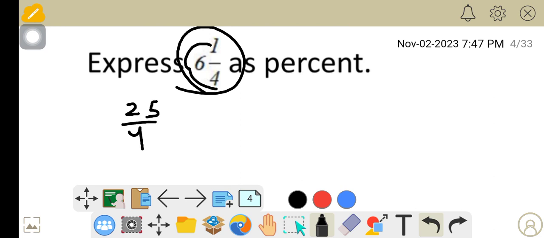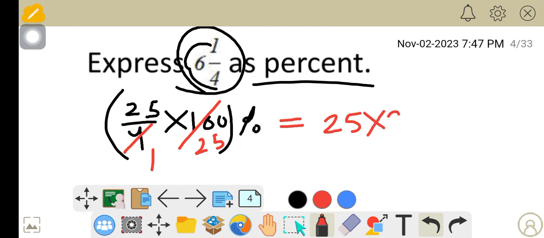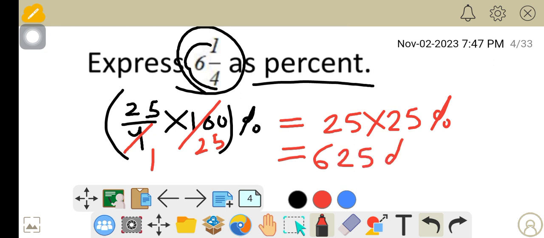We need to convert it into percent, so we multiply by 100 and put a percent symbol, and we only need to solve the bracket part. 4 ones are 4, 4 twos are 8, and 4 fives are 20. So overall we have 25 into 25%, 25 into 25 is 625%. So this is your answer.